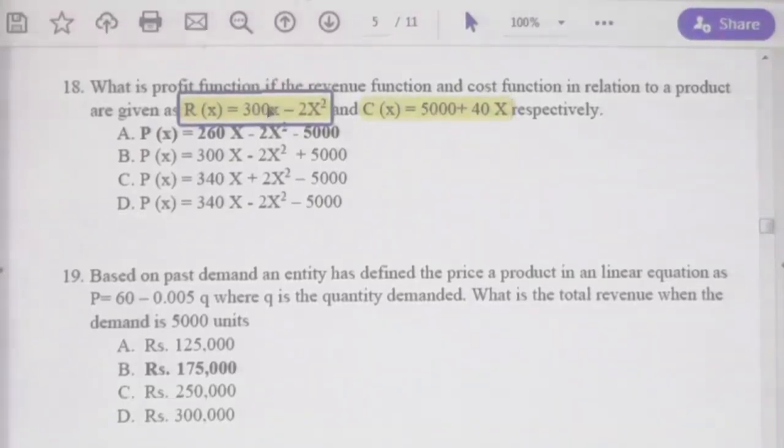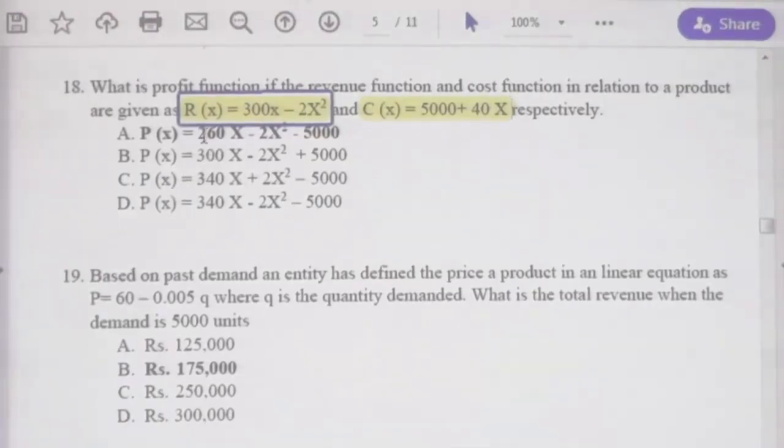Therefore, this 300x remains as it is, minus 2x power 2, minus 5000, minus 40x. Now this 40x becomes minus 40x. Therefore, 300x minus 40x will be 260x.